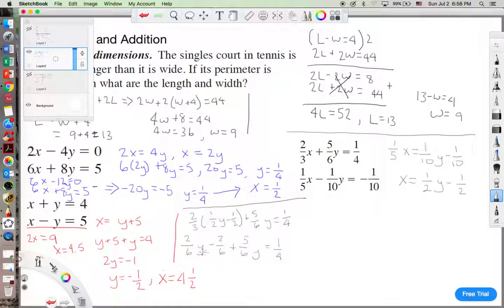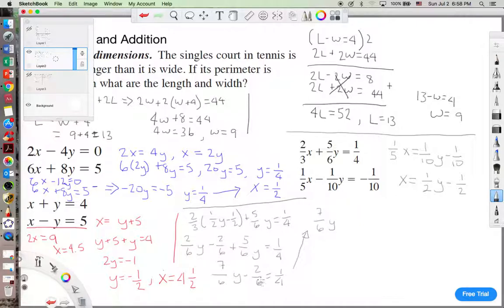Right, so let's combine like terms. 2 plus 5 is 7 over 6 y minus 2/6 equals 1/4. Either way, 2/6 or 1/3. We're going to take that term, put it to the other side, and we're going to need to find a common denominator. So we've got 7/6 y, and we'll call the common denominator 12.